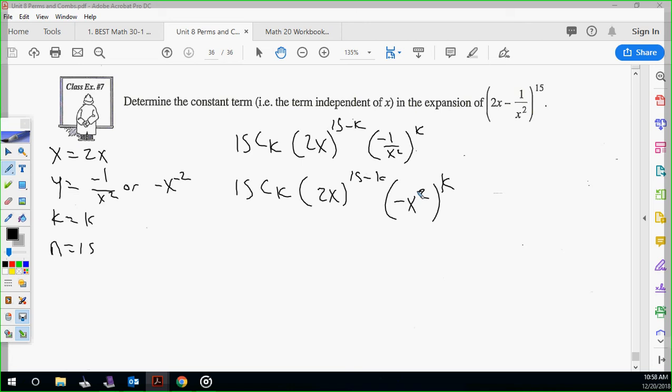What's that? Nope. Good idea, though. So what does the exponent do to the stuff inside? Does it hit everything or just one of them? Hits everything. So to separate it, I'm going to write it as 2 to the 15 minus k, x to the 15 minus k.